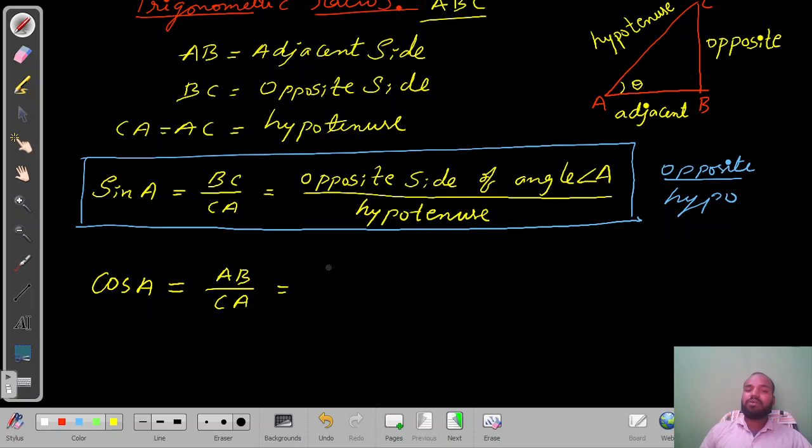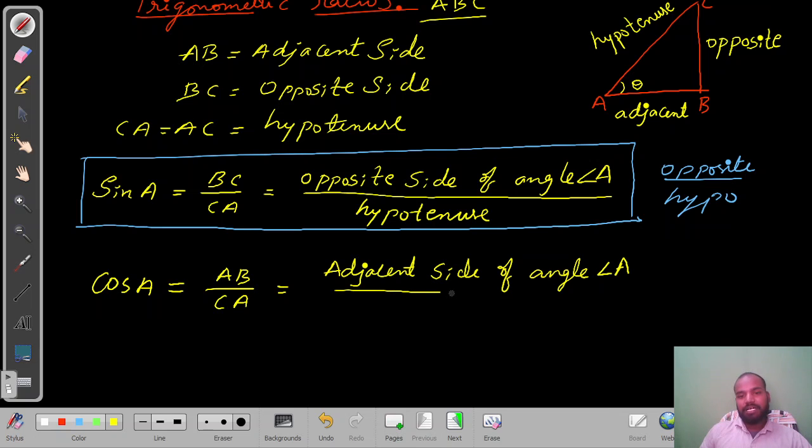So the cos A formula is adjacent side of angle A by hypotenuse.